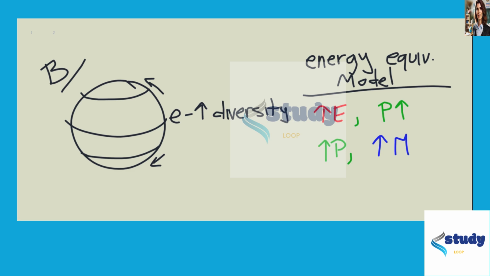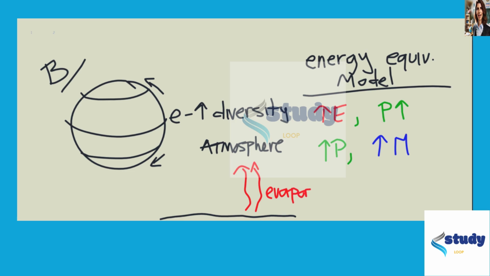So for evapotranspiration, we have the ground here, and we have atmospheric water, some sort of water in the atmosphere. Some of that water is just going to come from evaporating off the ground. That's our evaporation. And some of it is going to come from transpiration from the plants.